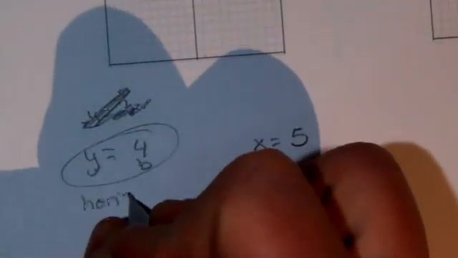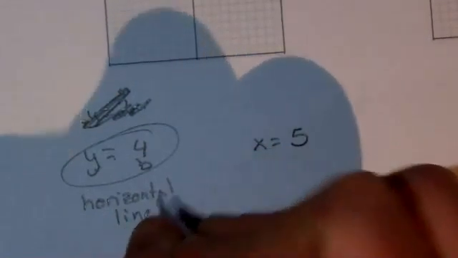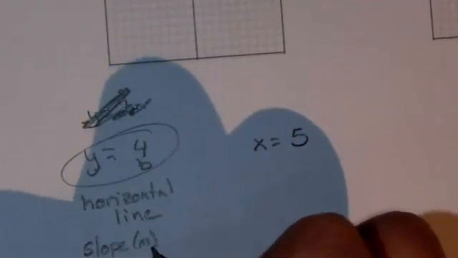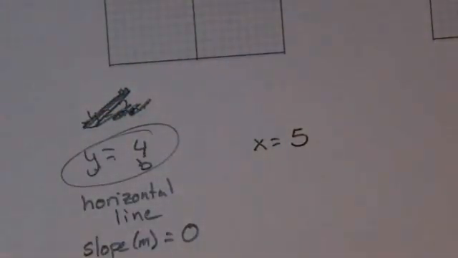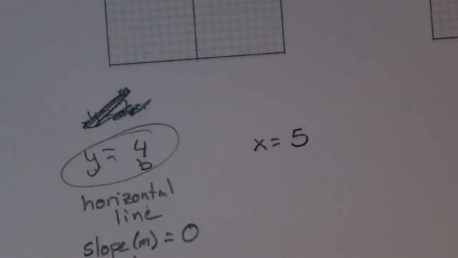So y equals 4 is always a horizontal line. And if you have a horizontal line, your slope, or m, is 0. So a horizontal line has a slope of 0. So anytime we see y equals just a number, we end up with a horizontal line.